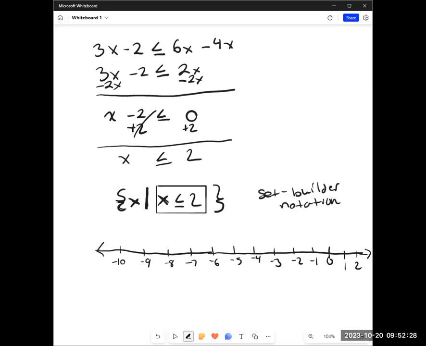But I have less than or equal to 2. So I'm going to put a solid dot at 2. Let me change my pen color here so you can see what I'm doing. Solid dot at 2. And I'm looking at this x on the left, and it's less than, so I see an arrow that's pointing towards the left there. I'm going to shade to the left on the number line.